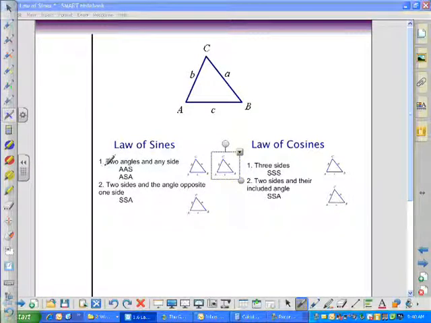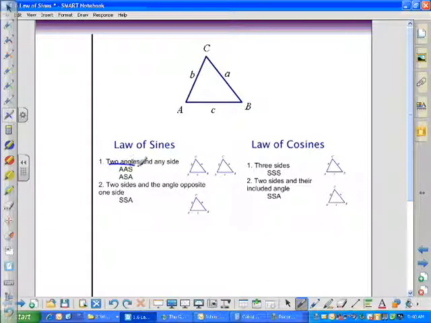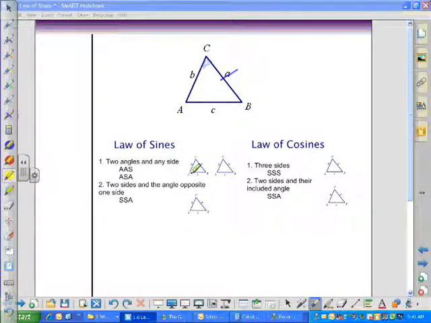Okay, so for the first one, if I'm going to use the law of sines, one of the possibilities is if I have two angles and any side. So for example, if I knew angle A and I knew angle C, and let's say I knew side A, that's actually a format of what we call angle, angle, side. You might have studied that from geometry.